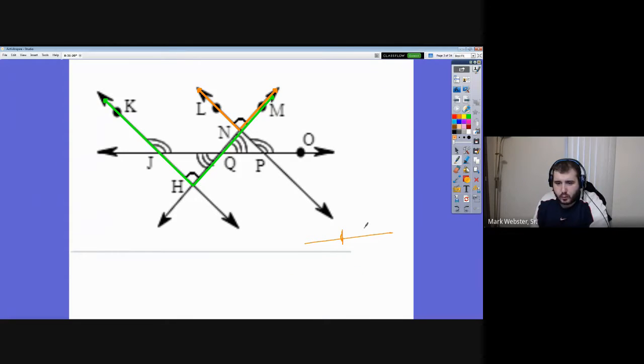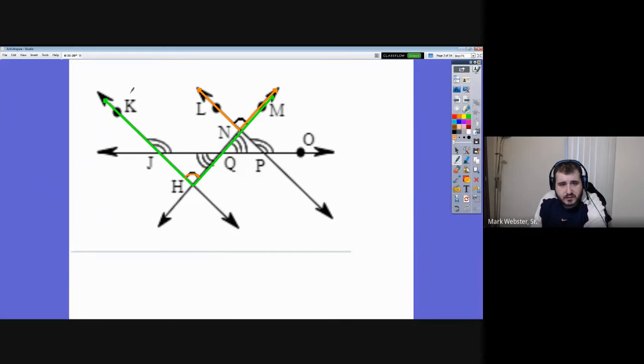Same thing with angles. We're going to have a little symbol inside the angle that's going to show that there's congruence. And it's these little arcs that are inside the middle of the angle.